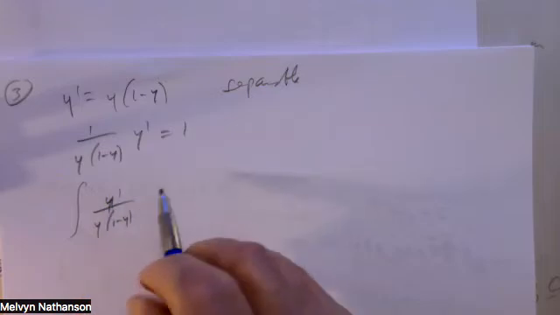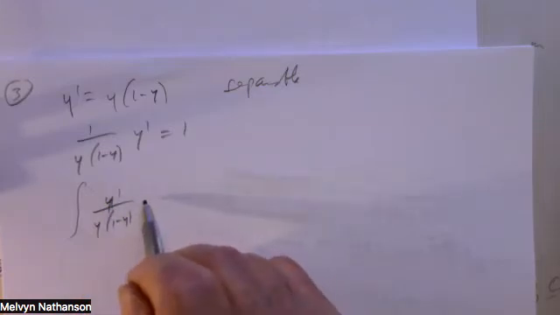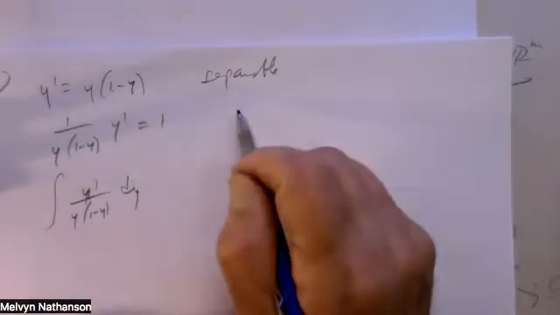If we integrate y prime over y times 1 minus y, what do we get?